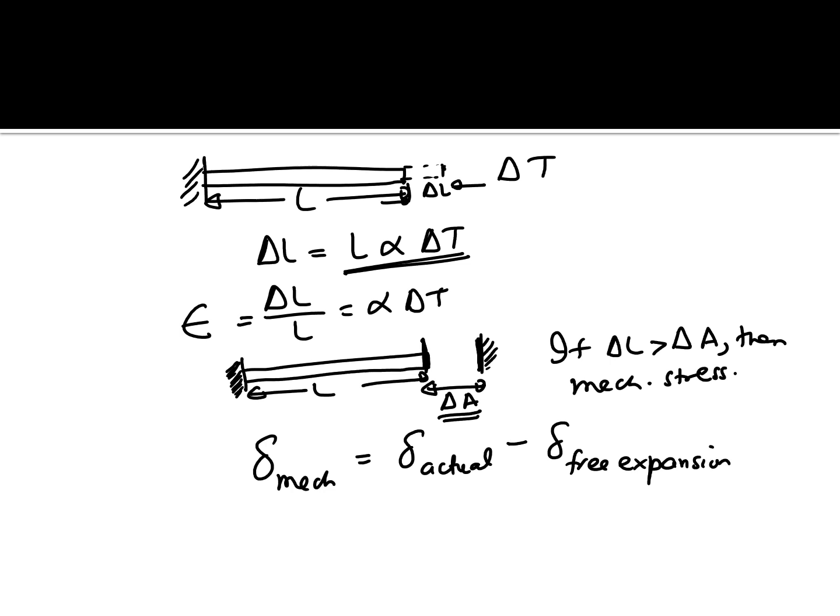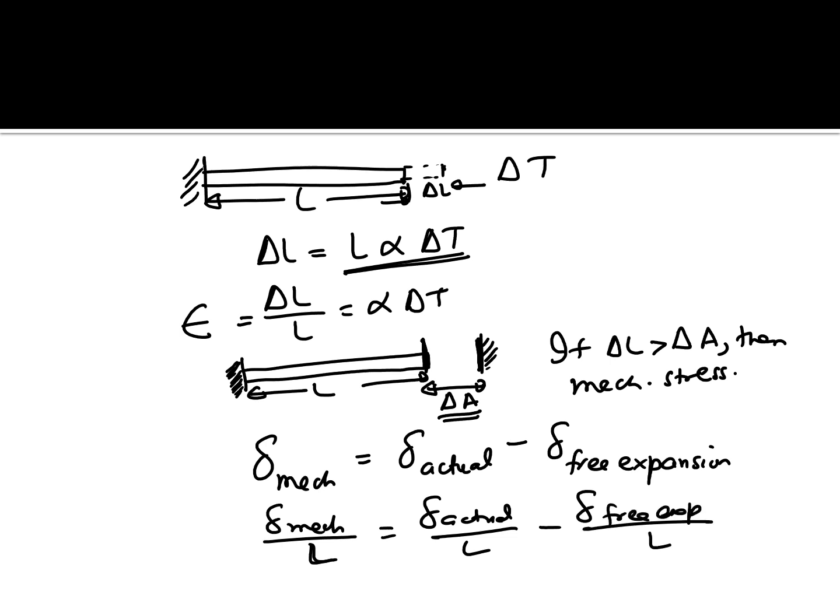So if I divide throughout by L, the actual divided by L, minus delta free expansion divided by L, I find that epsilon mechanical, that is the mechanical strain caused, will be equal to whatever is the actual strain which you are seeing with your naked eye, minus the free expansion strain.